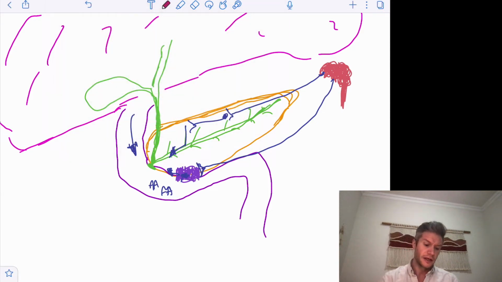So again, that's essentially stimulated by food or chyme entering the duodenum, and this is through CCK, or cholecystokinin.